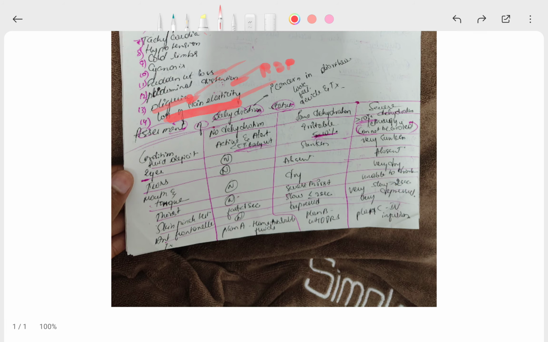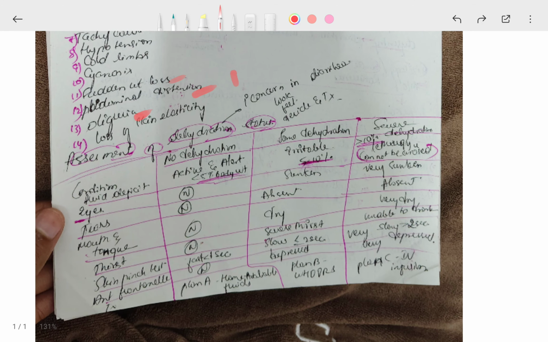How will you assess the dehydration status in diarrhea or any fluid loss conditions like chronic vomiting, chronic diarrhea, or excessive sweating? In all those conditions, you will see how to assess the dehydration status of the child. You can classify them into three categories: no dehydration, some dehydration, and severe dehydration.